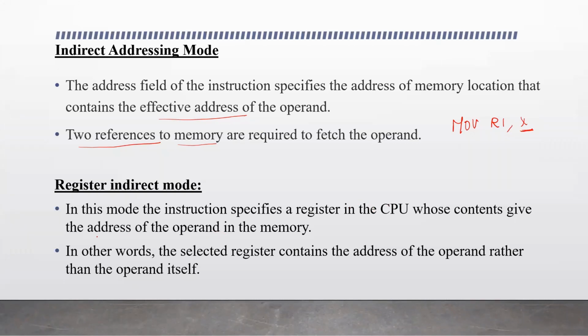The effective address is stored in the register here. So the two indirect addressing modes are memory indirect and register indirect. In memory indirect, the effective address is stored in memory, and in register indirect, it is stored in a register in the CPU.